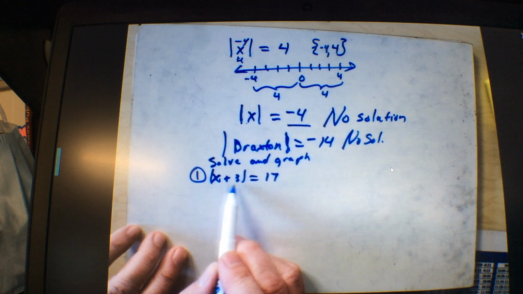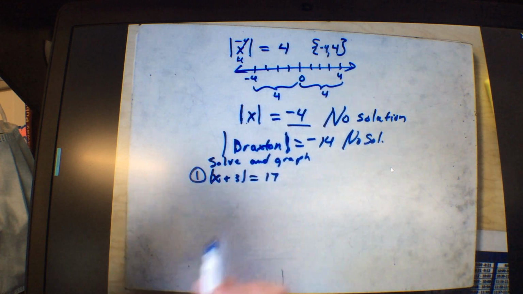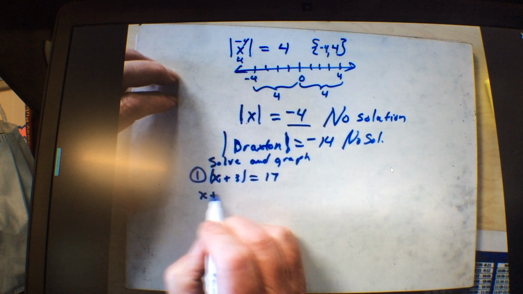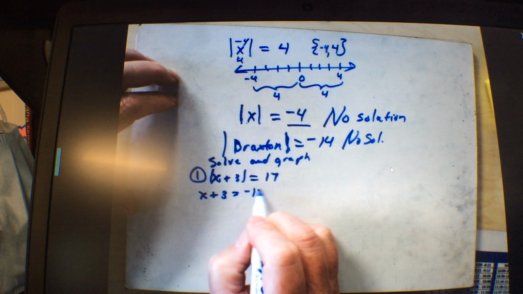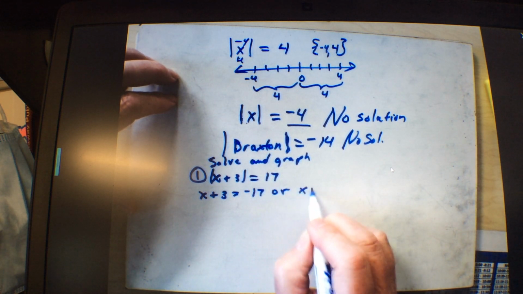So there's two numbers that x plus 3 can go to. I asked you, there are two numbers that are 17 away from 0. What are they? Negative 17 and 17. You understand what I'm saying? That means that this could be either a negative 17 or, I use the word or, it could be 17.